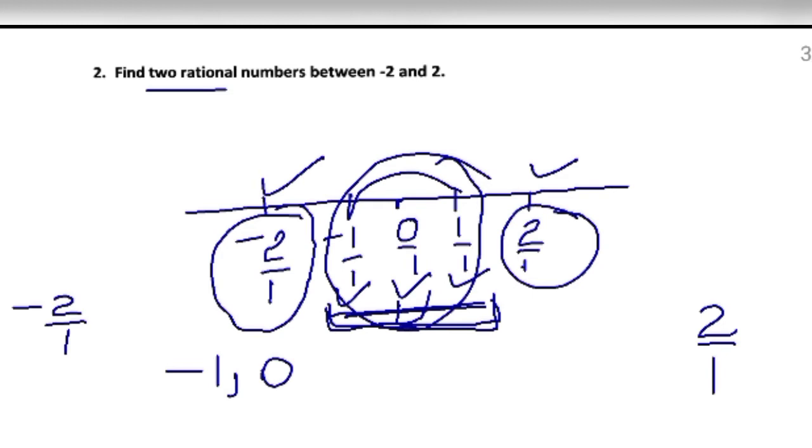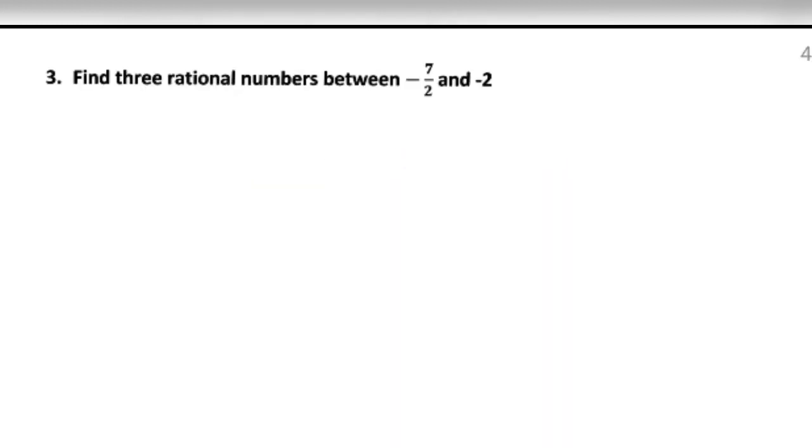Okay. Now find three rational numbers between -7 upon 2 and -2. Students, to find rational numbers, firstly we will make their denominators equal. They have given two rational numbers, -7 upon 2 and -2, and they are asking three rational numbers between these two.